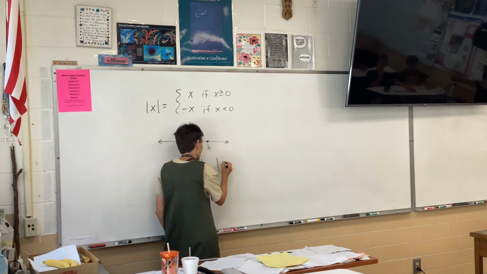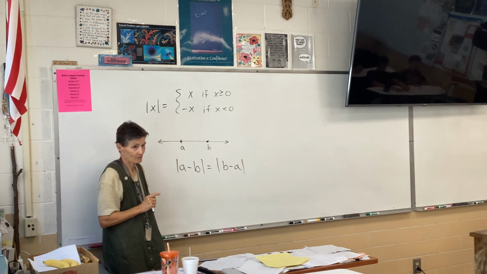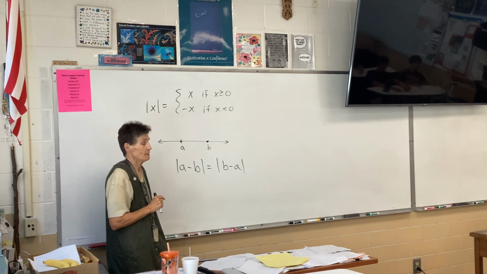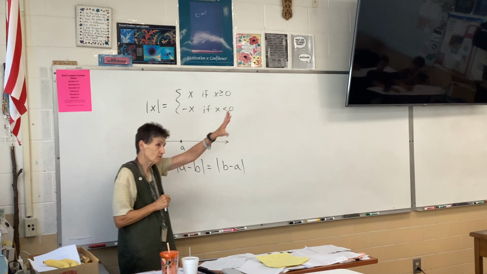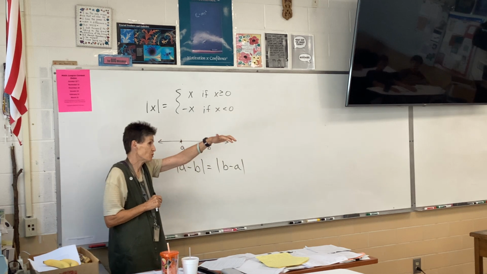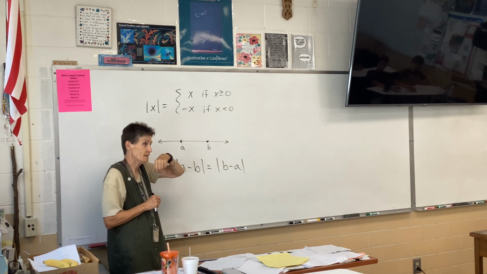B minus A. Exactly. So the cool thing about absolute value is that subtraction is actually commutative if you take absolute value. Now, just out there in the real world, 5 minus 2 is not the same as 2 minus 5. But if you put it in absolute value, it is.